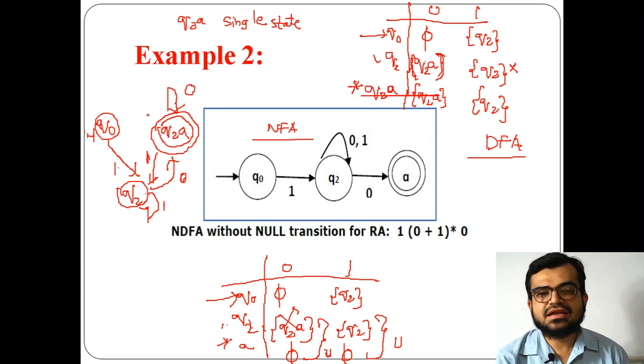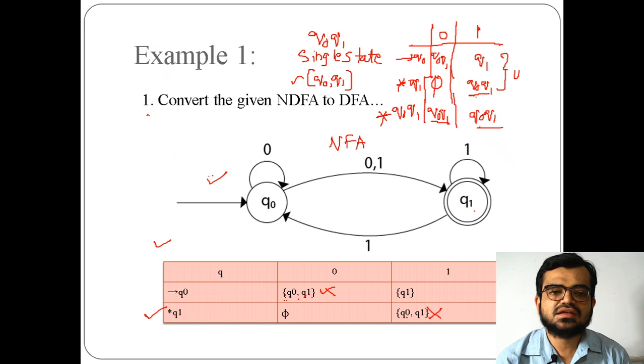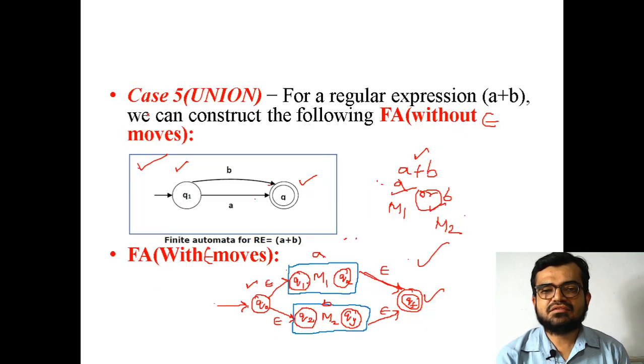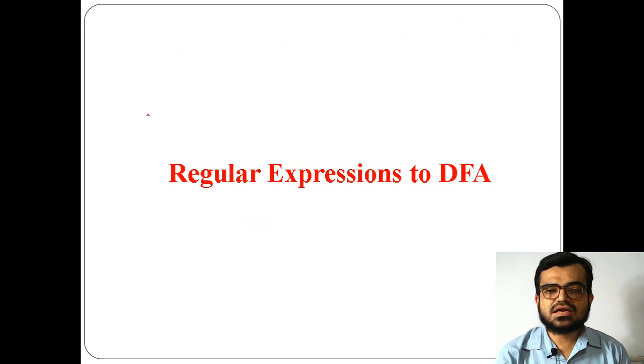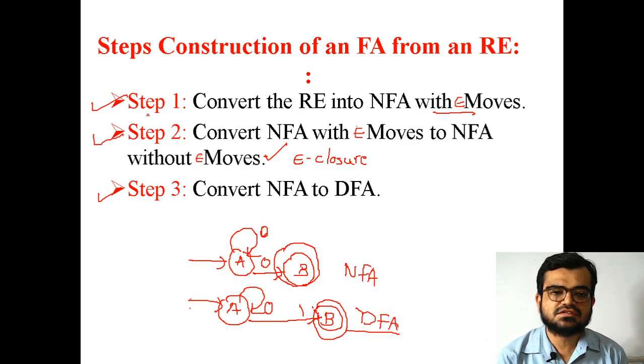So finally, if I roll back to the complete lecture, the first thing we discussed regarding the conversion process is that we take input as a regular expression and make that regular expression into a deterministic finite automata. In order to perform this process, there are 3 steps.